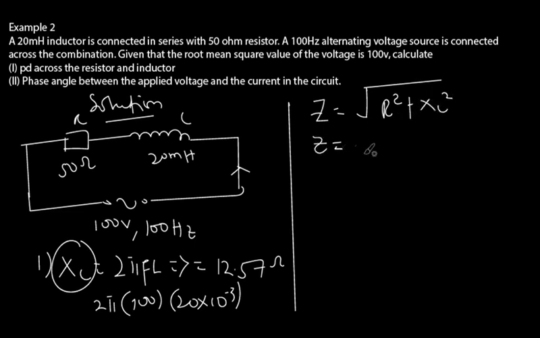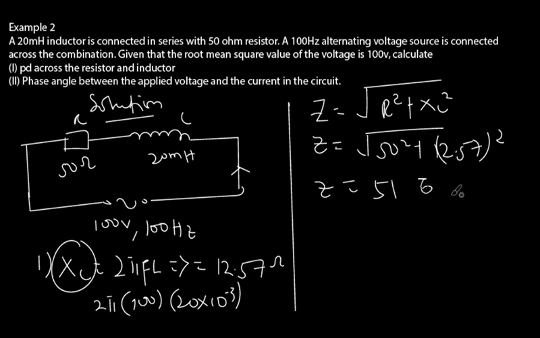So the impedance is equal to the root of 50 squared plus 12.57 all squared. Okay, so we have our impedance to be 51.6 ohms.